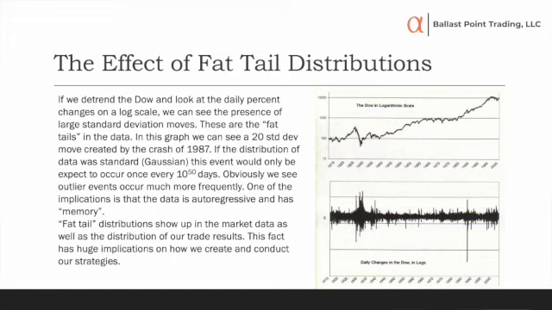All right, so now if you look at this, the really big spikes, so you see this really big spike down right here, that's the crash of '87. That's a 20 standard deviation move. It's massive. Now, if the data was normally distributed in a regular bell curve, a move like that would be next to impossible.